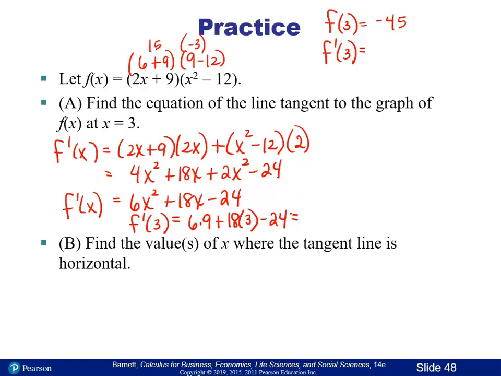And that's going to give me, looks like 84. So that would be my m. So then I'll do y equals mx plus b. My y is -45. My m is 84 and my x is 3.